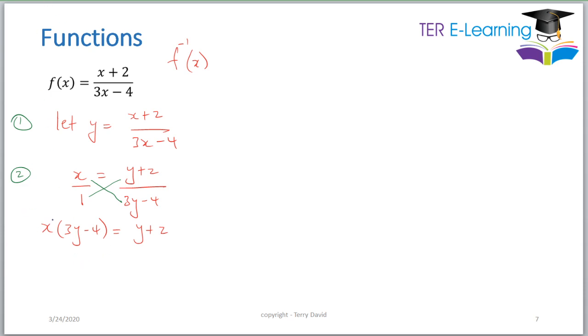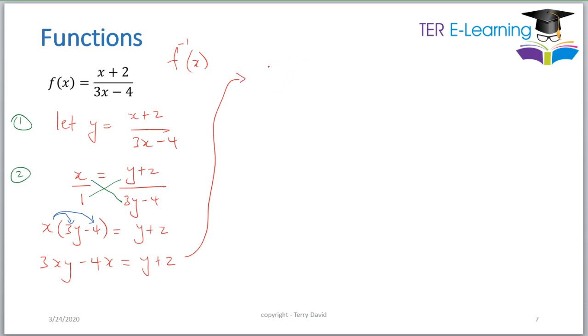Now, what we're going to do now is to remove the brackets. You need to use the distributive law to multiply out the brackets here. So x multiplied by 3y will give me 3xy minus 4x is equal to y plus 2, right? So we're still making y the subject of the formula.